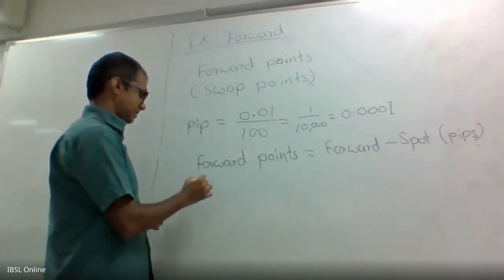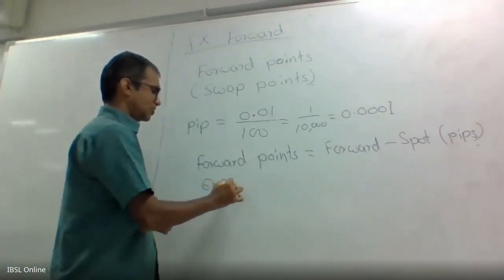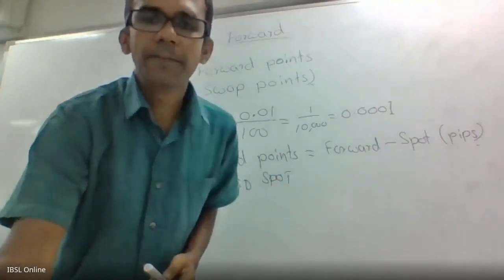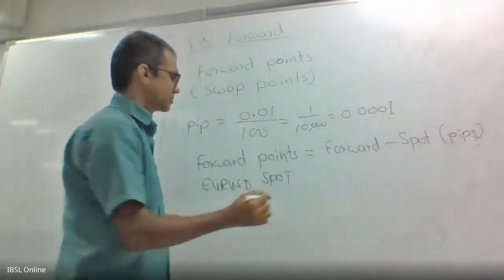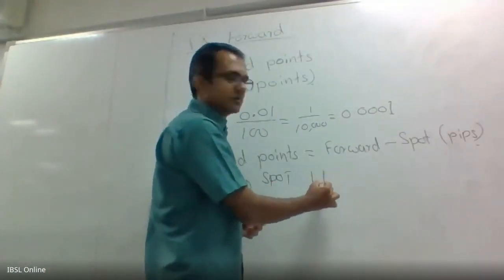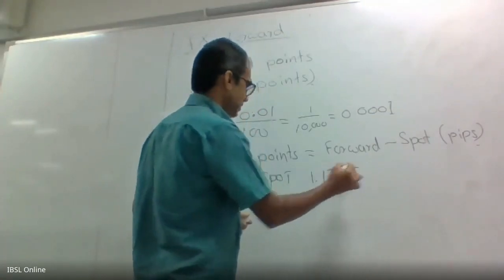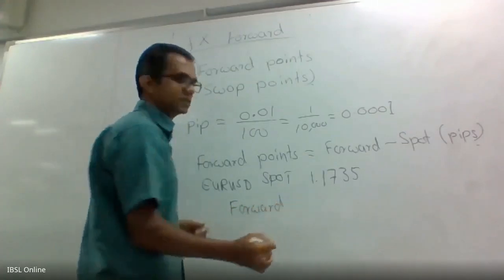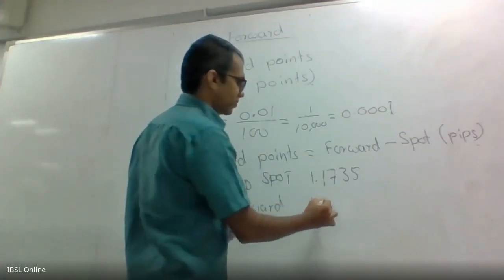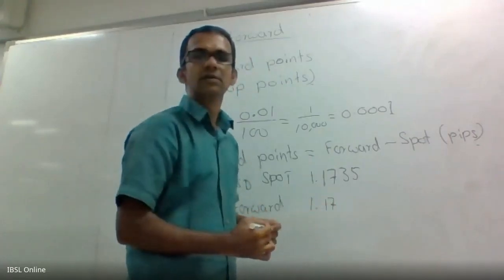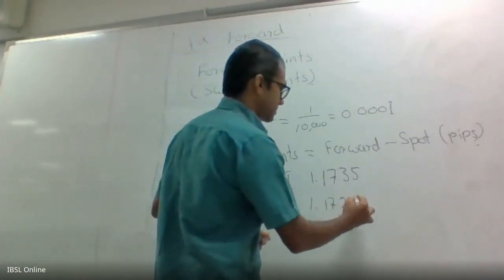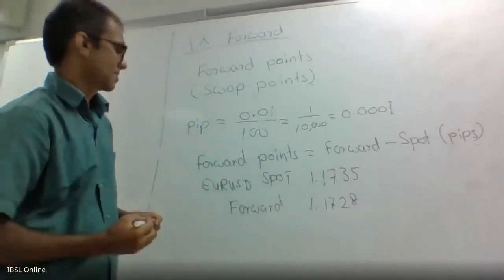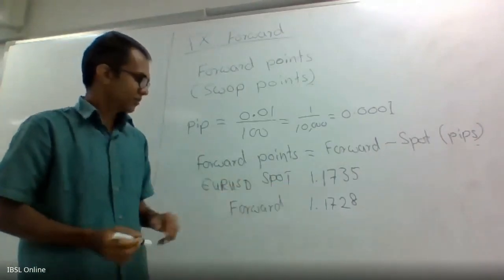So in our previous Euro USD example, spot was 1.1735. Forward was 1.1728. This is the spot, this is the forward.